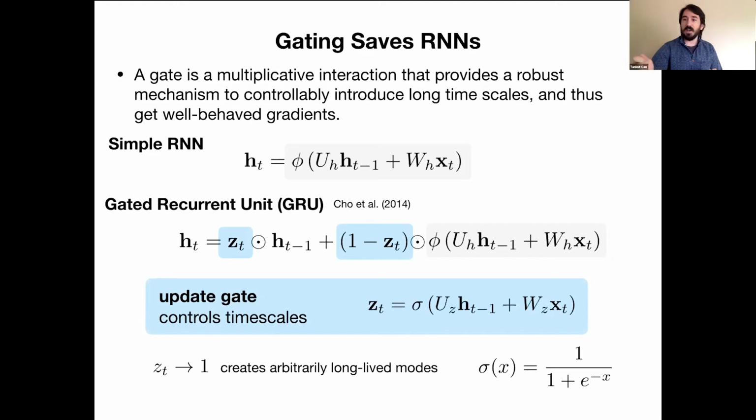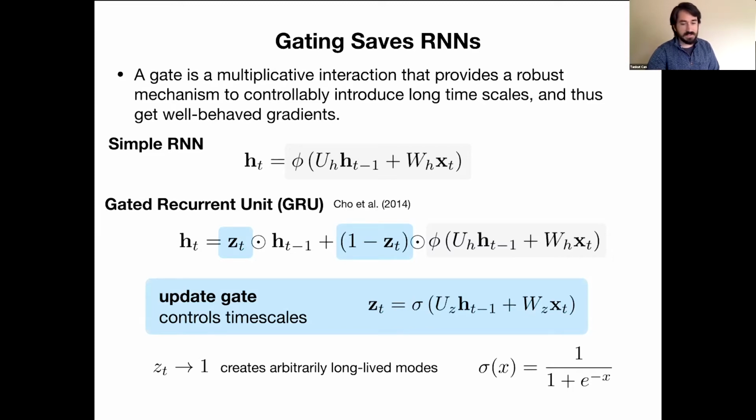So z will take values between 0 and 1. And U sub z here are an additional set of parameters that can be trained, in addition to U sub h, which was the synaptic connectivity matrix.